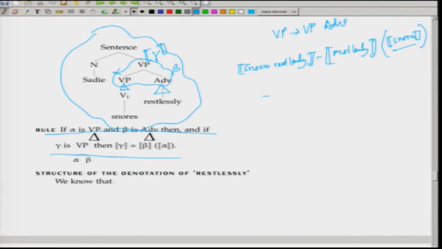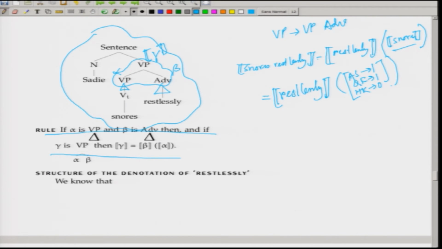So, restlessly is the function, or rather the denotation of restlessly, and we know this thing, this is 1, QE is 1, and Hank is HK, which is 0, this function.